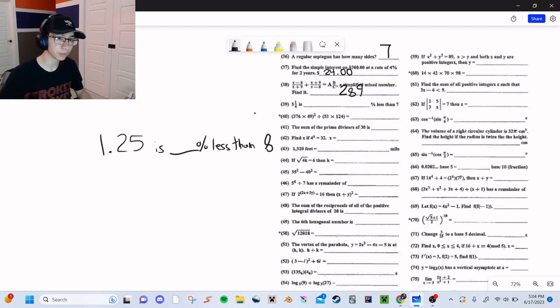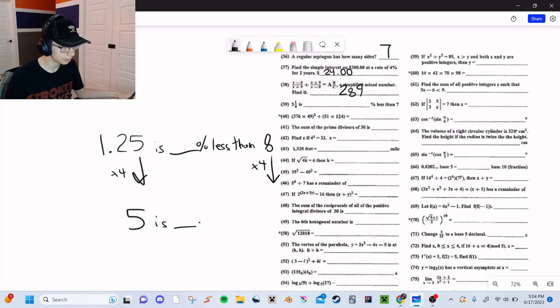But if I were to multiply both of these numbers by 4, I end up with 5 is blank percent less than 32. And now I'm dealing with whole numbers, makes it a lot easier on myself. We're going to use that same concept here.